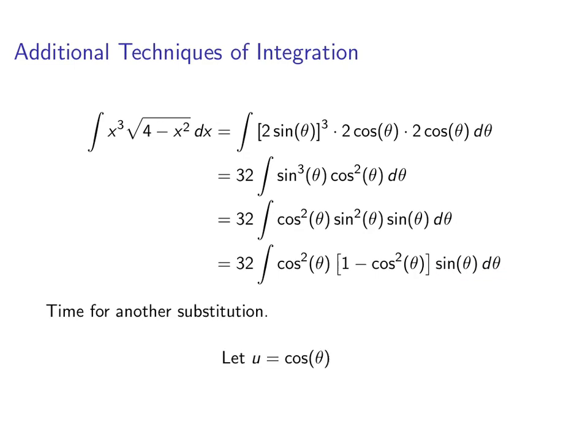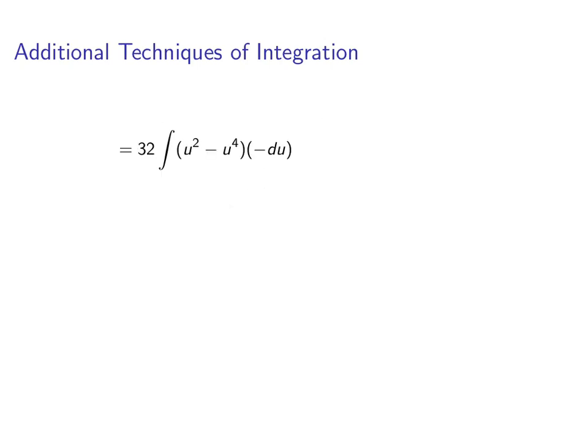If we let u equals cosine theta, then du equals negative sine theta d theta. Of course, we move the minus sign back over to the du.